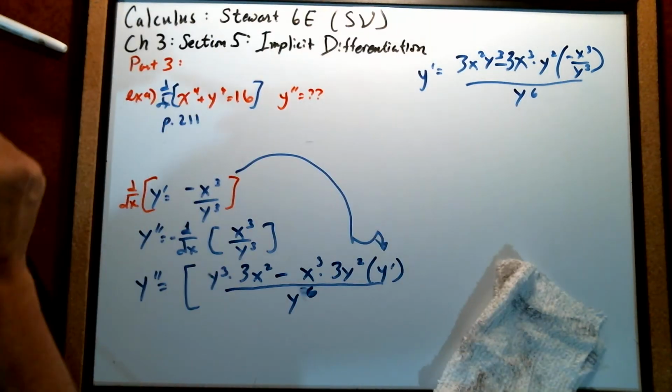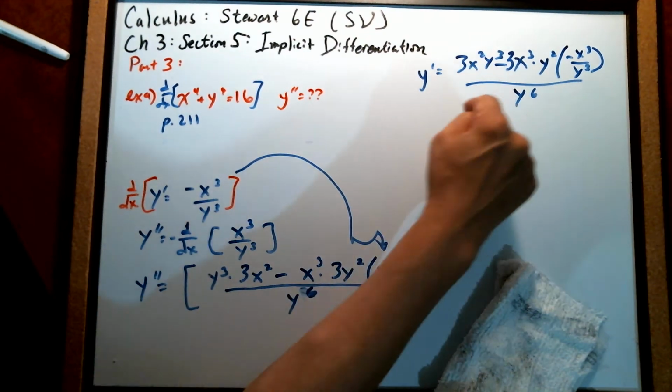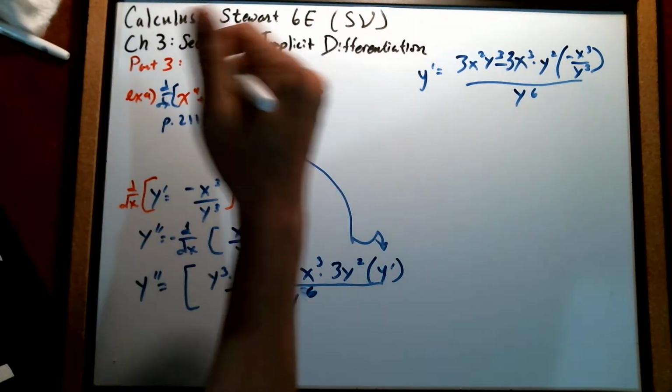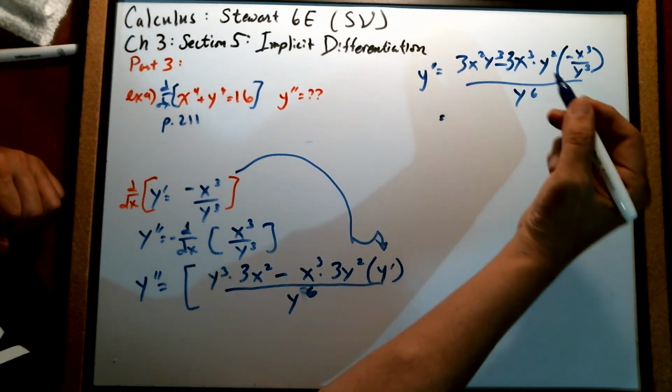Got a little bit of an issue right there, because we have a complex fraction. Let's clean this up a little bit and see what we get. That's equal to y double prime, right?